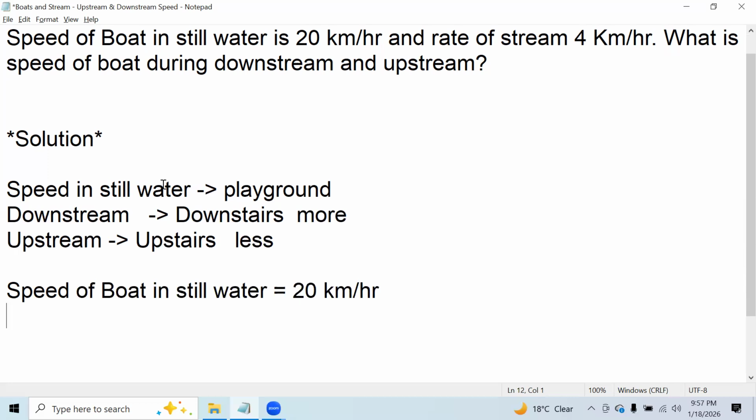When you are going in a river, in water, you will have some stream flowing with you or against you. If you are going with the stream, you will get bigger speed. So basically when you are going down, you get more speed. But when you go up, against it, your speed will be reduced. Speed of the stream is 4 km per hour.